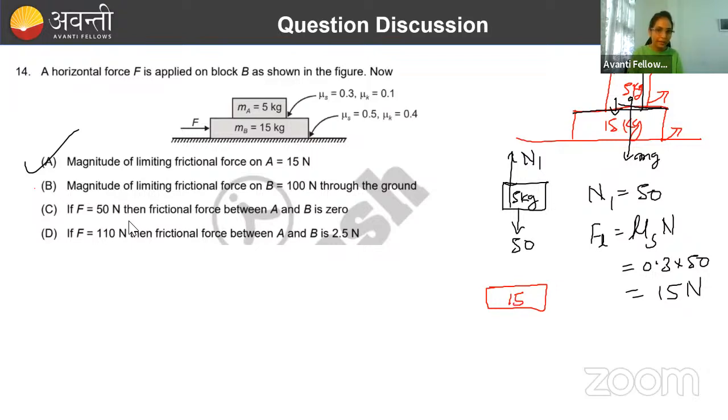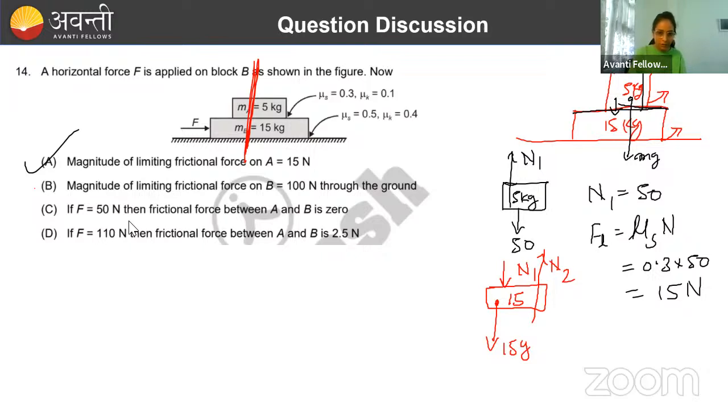The reaction force of the 5 kg body is N1. This body is resting on the ground also, so it will press the ground downward, and the ground will apply a force upward, say N2. Gravitational force acts downward. Since no motion is happening in the vertical direction, all the forces in the vertical direction will be equal to 0.